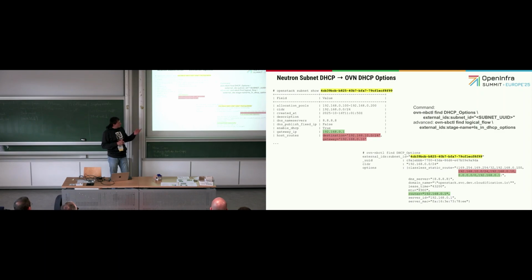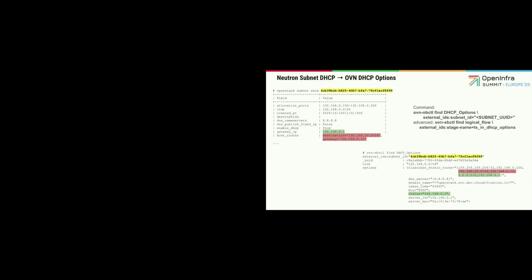All of these requests are handled by the local OVN controller on the specific compute node, and forwarded by OpenFlow in OVS. So you have to keep in mind that this actual answer is not from the virtual router that you created logically. This is from a tricky DHCP server connected directly on this host. And you can see it by the MAC address, also configured here in these options. So you can understand it by these fields.